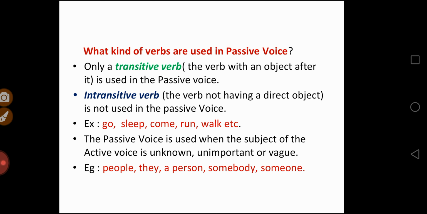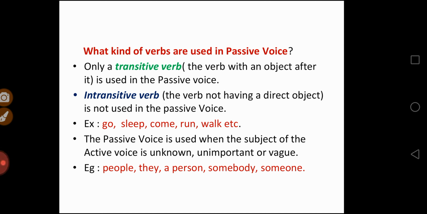What kind of verbs are used in passive voice? Only a transitive verb is used in the passive voice. That means the verb with an object after it. And second, intransitive verbs are not used in the passive voice. That means the verbs which do not have a direct object.